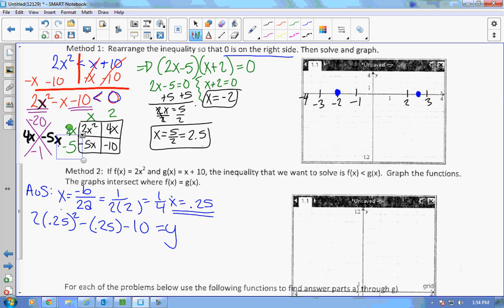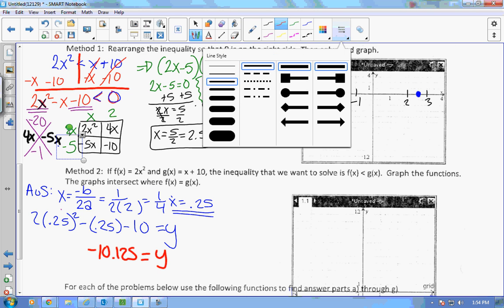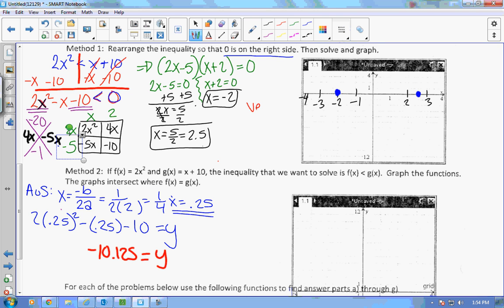Okay. Talia, do you have that decimal? 25, right? Yep. So that's our vertex. Our vertex is 0.25, comma, negative 10.125.